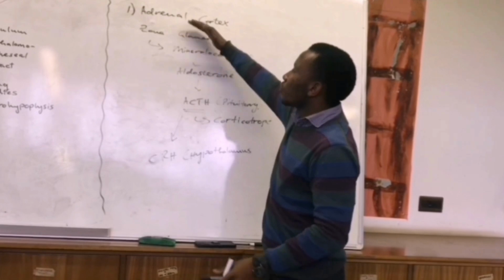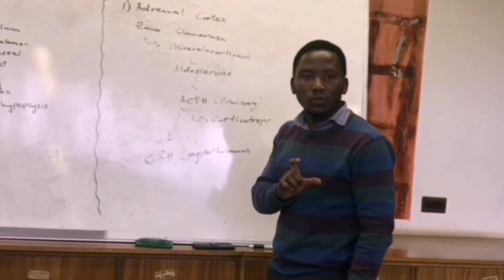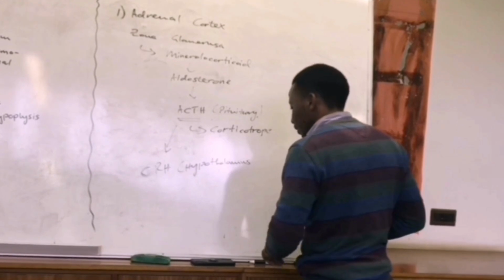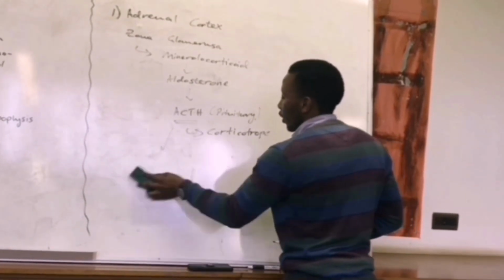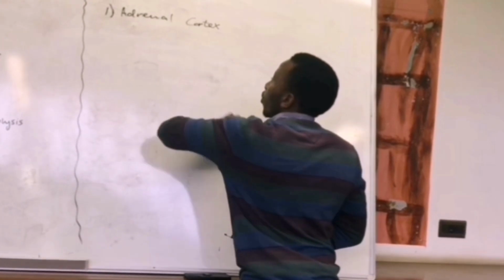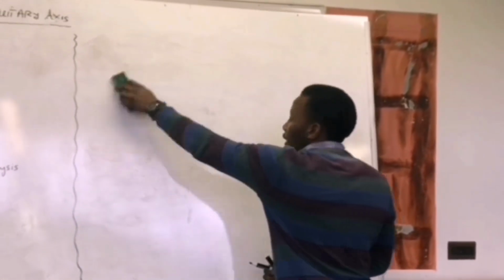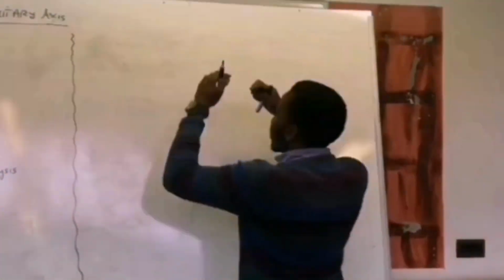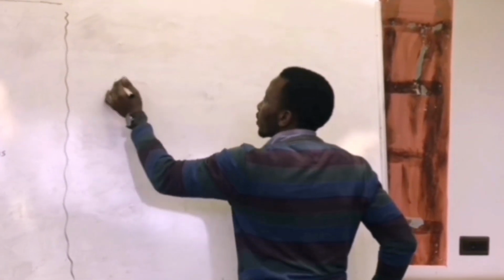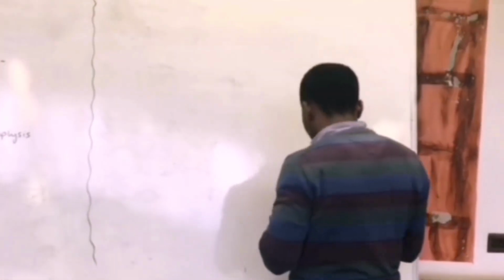All the portions of the adrenal gland respond to ACTH, okay? The first portion was your zona glomerulosa. The next one, the medial one in the cortex, we call the zona fasciculata.